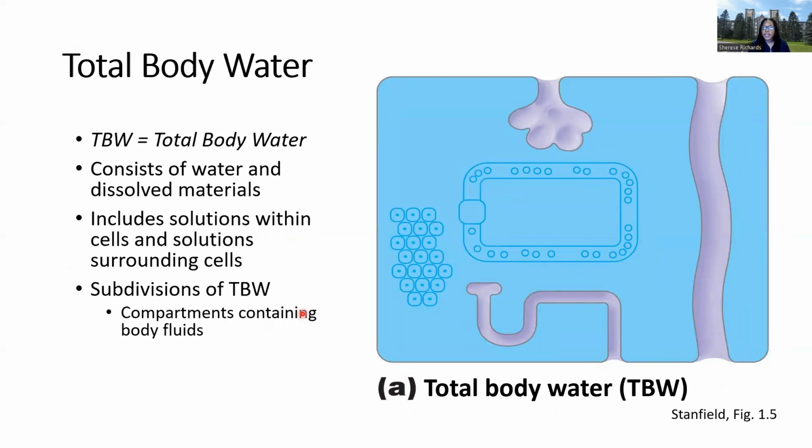This will also consist of any dissolved solutes that are in that water. So electrolytes like sodium, potassium that are dissolved or dissociated in that water. And then that is going to be dispersed all throughout your cells. That's going to be including water that's inside your cells, that's around your cells, that's inside your vessels. So this is a collective amount or a compartment as far as total body water.